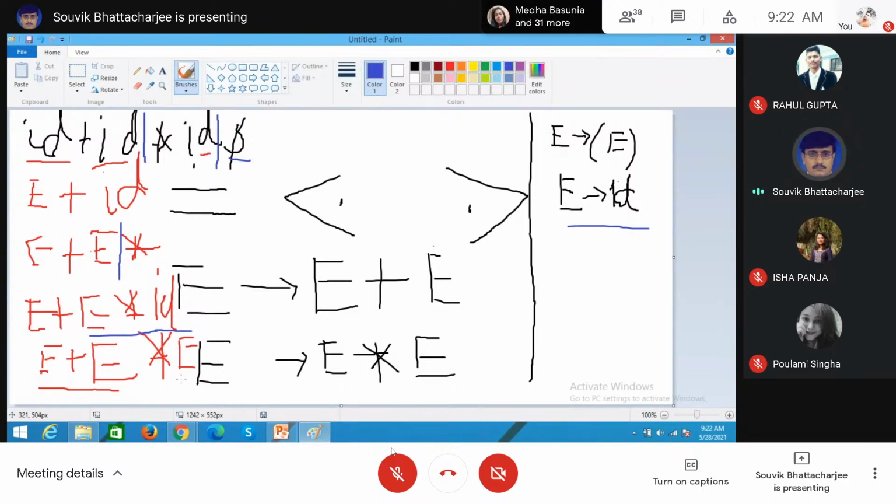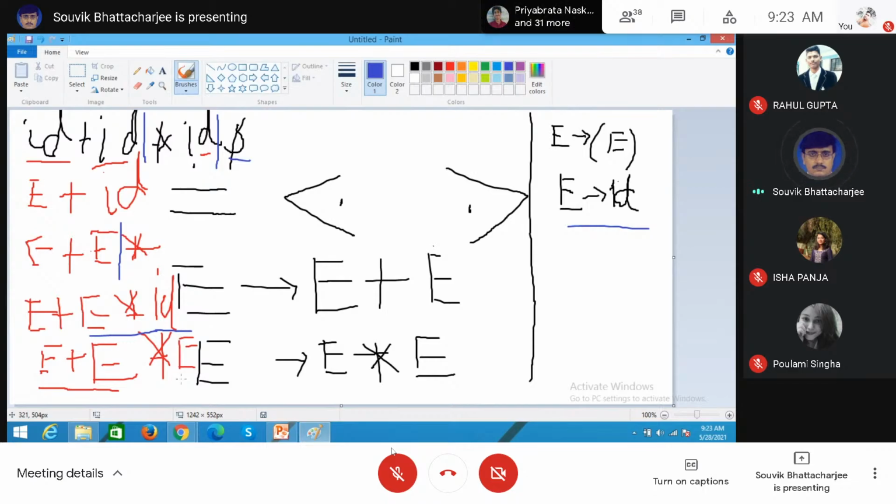That is, either E plus E will be reduced first followed by E star E, or E star E will be reduced first followed by E plus E. This is known as a reduce-reduce conflict.